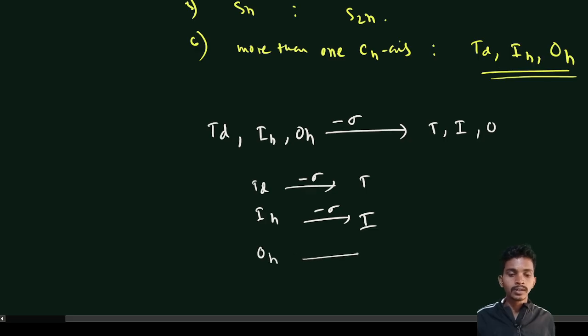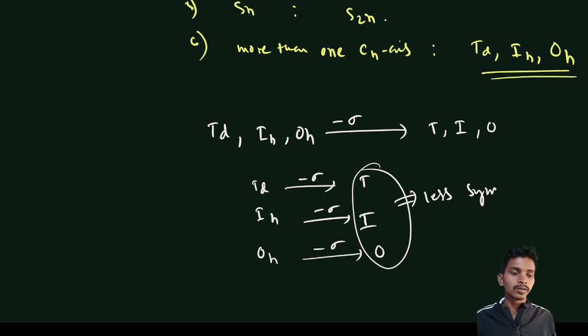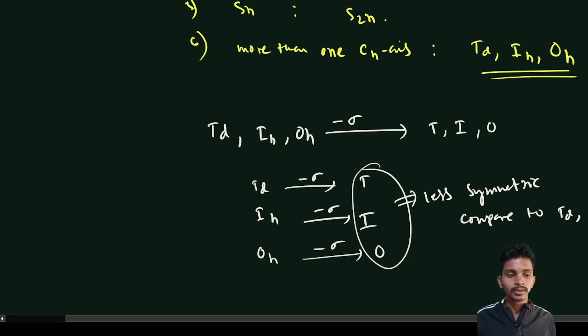And Oh, if I remove sigma, then it will become O. And these are obviously subsets of these groups, meaning these are less symmetric compared to Td, Ih and Oh, because we get these after removing the sigma planes.